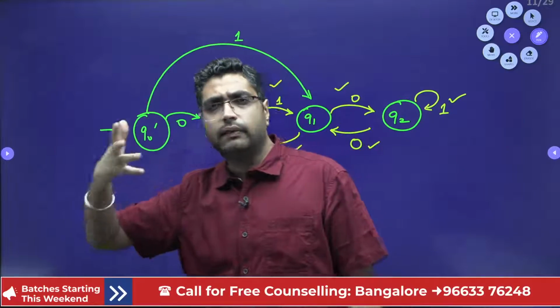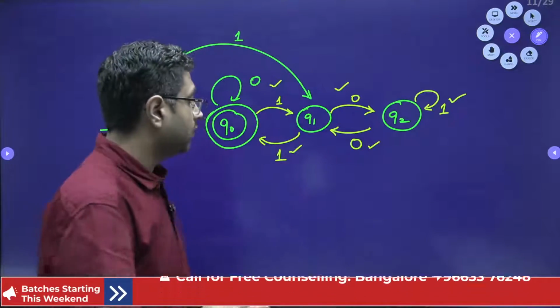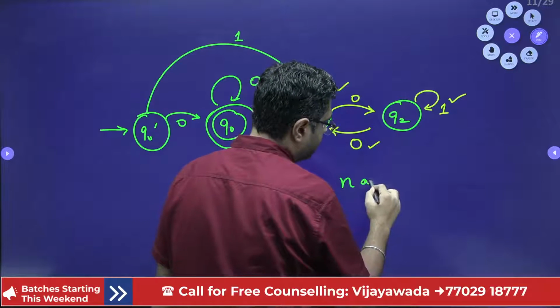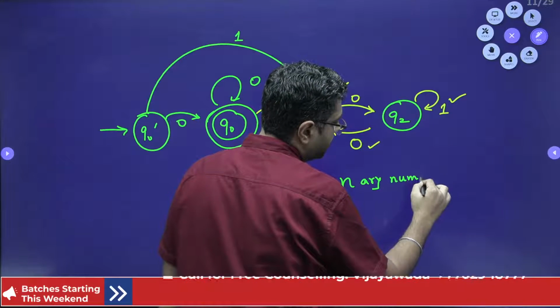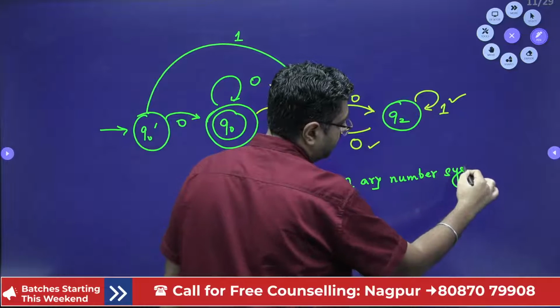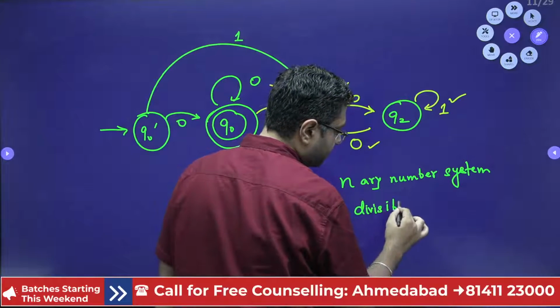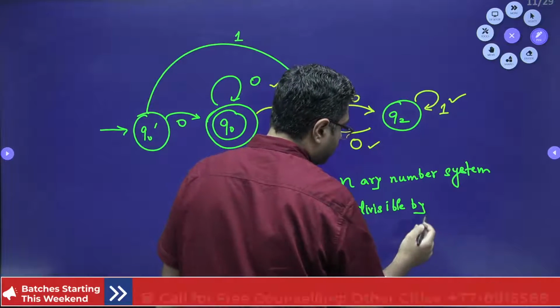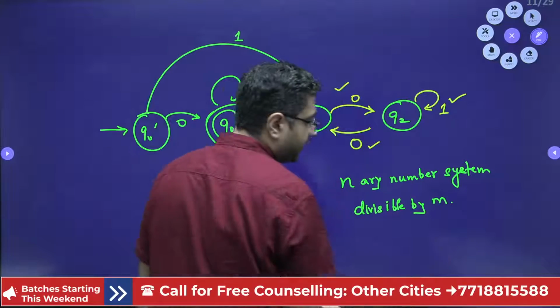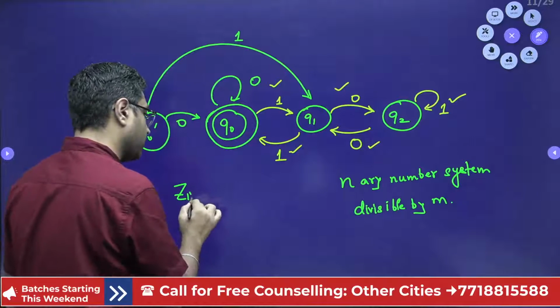So for every DFA of the type n-ary number system divisible by m, we can follow the approach that we discussed. I call that approach the zigzag approach. It's up to you, you can name it any approach. Why zigzag?